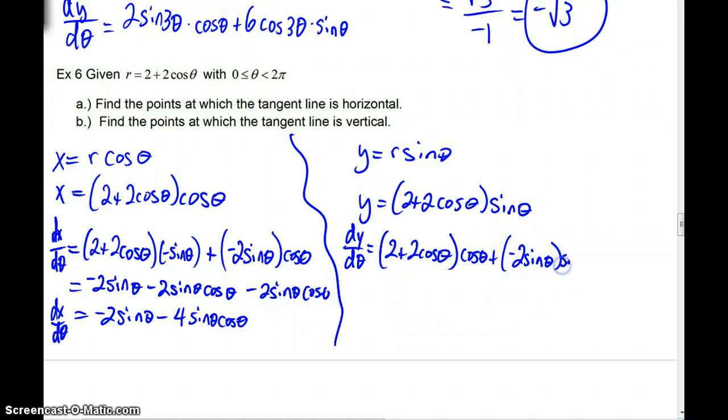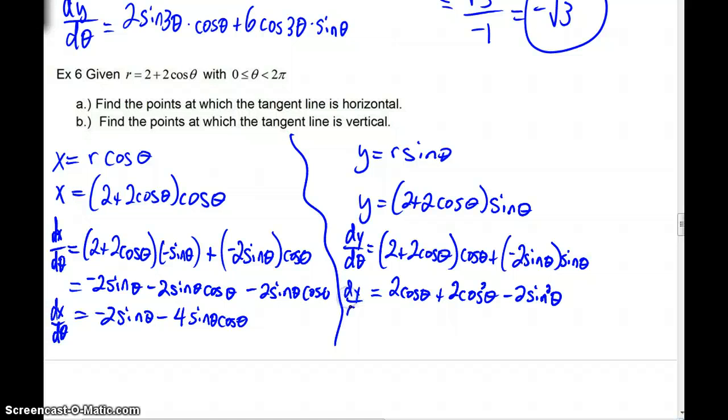Multiply that to our second function, which is sine of theta. And again, let's do the same thing. Let's distribute. We'll get 2 cosine of theta plus 2 cosine squared of theta minus 2 sine squared of theta. And that, of course, is our dy d theta.